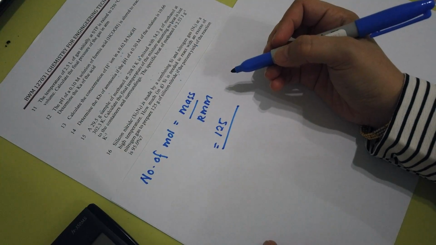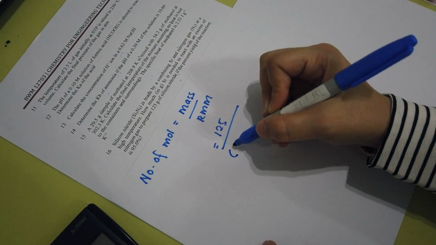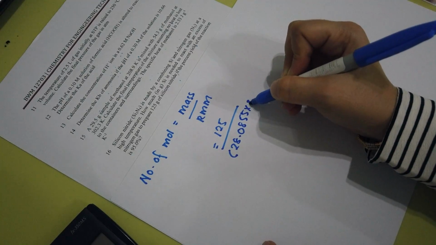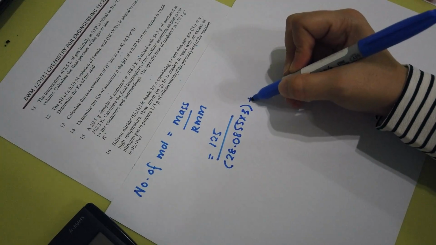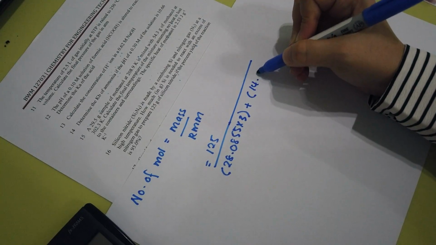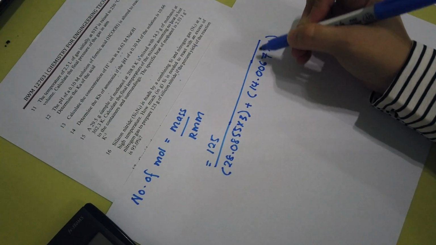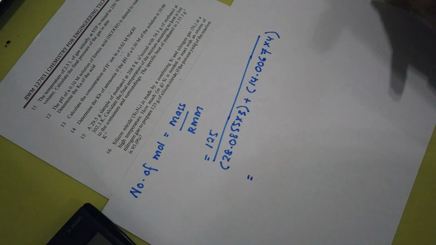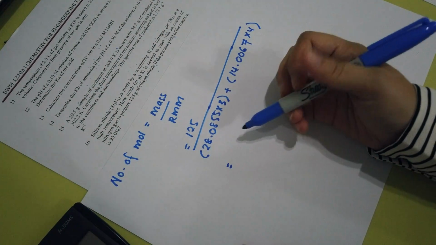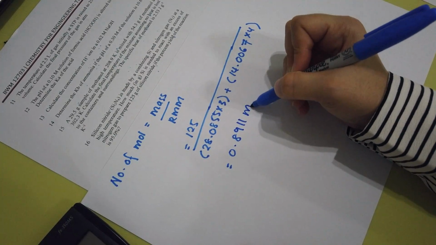Therefore the RMM for silicon nitride, it means that 28.0855 times 3 plus 15.0067 times 4. So you will get the number of mole for this mass of silicon nitride equivalent to 0.8911 mole.